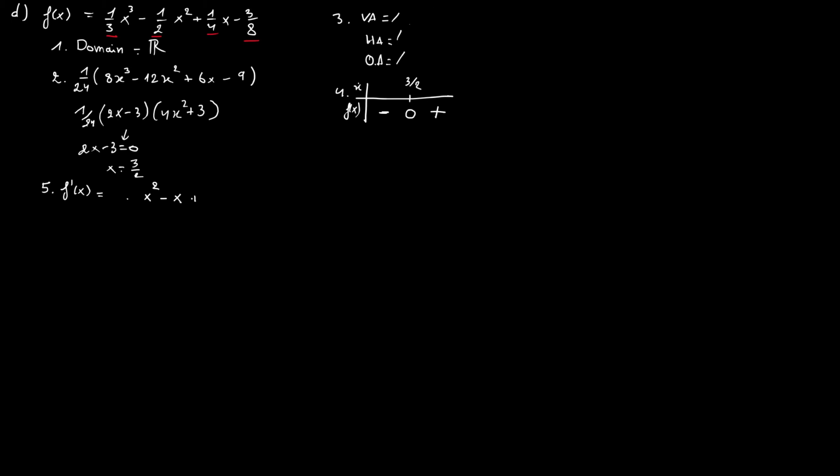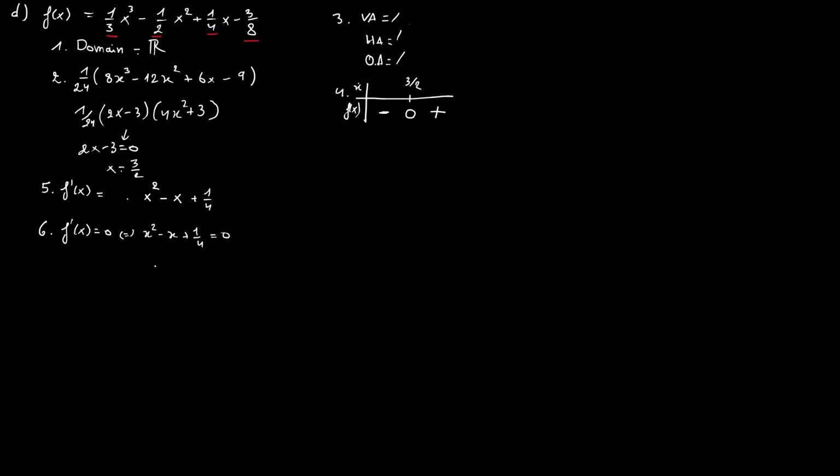This becomes plus 1/4, and minus 3/8. Deriving that, it just becomes 0. Okay, so now we have our first order derivative. Let's see where that one has roots. So 0.6, and we'll say, where is f'(x) equal to 0? Or in other words, where is x squared minus x plus 1/4 equal to 0?